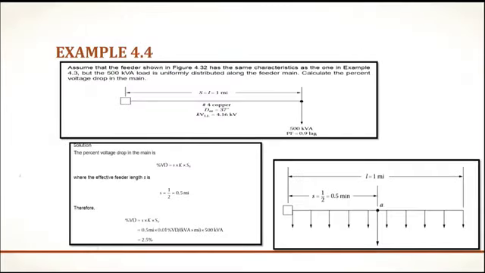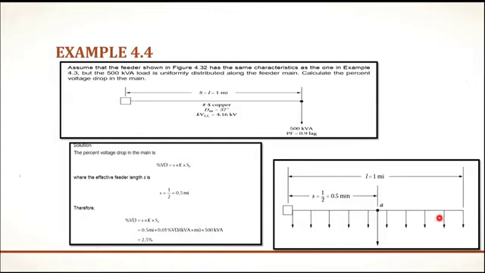In the next example, the only change is that we have a different nature of load. Now load is uniformly distributed across the feeder. You can see this is the uniform distribution of the load. So for uniformly distributed load, we can say that the center of gravity will lie over here, or we can say that the load can be lumped at 1/2 of the entire feeder length.